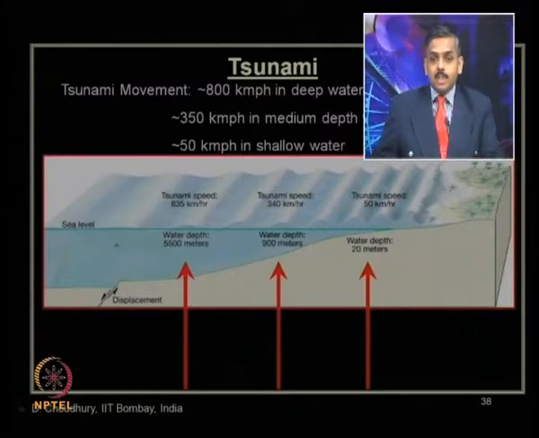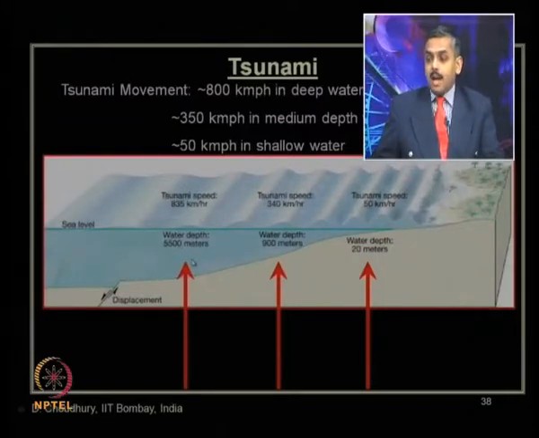So, at deep sea level there is a higher speed of the tsunami but very little height over the static sea level, but as it travels close towards the coast or the shore, you can see the height increases but the speed reduces. The typical tsunami speeds are listed over here.